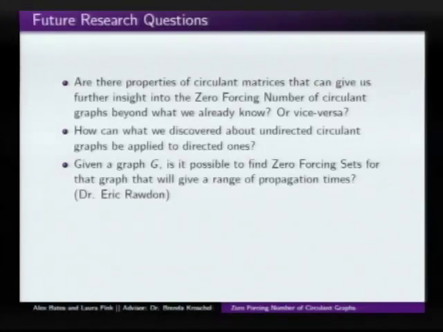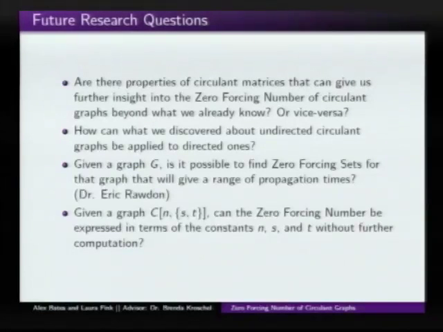And we know that it could also be, at the very least, as great as the propagation time associated with a given zero forcing set. So we're just really wondering, can you generate a range of propagation times for a given graph just based on what you know about the graph?